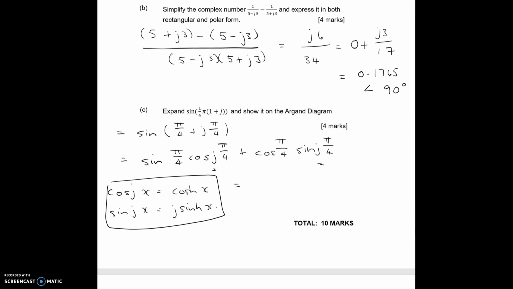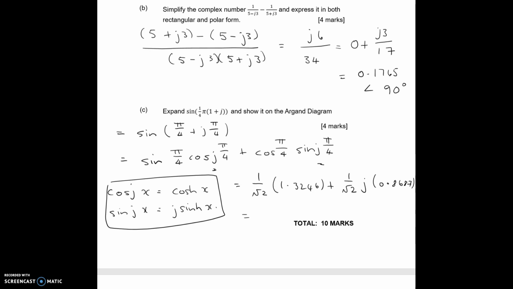So that becomes 1 over root 2 times 1.3246, looking it up on the calculator, plus 1 over root 2 times j times 0.8687.